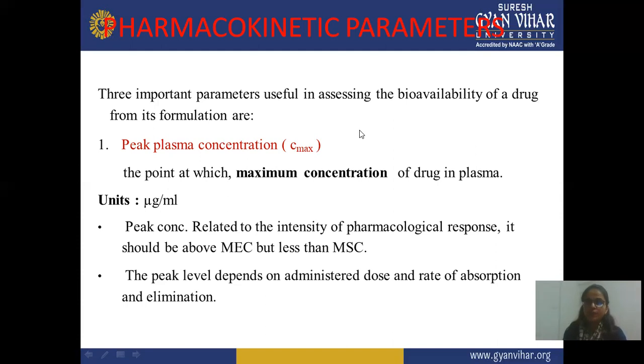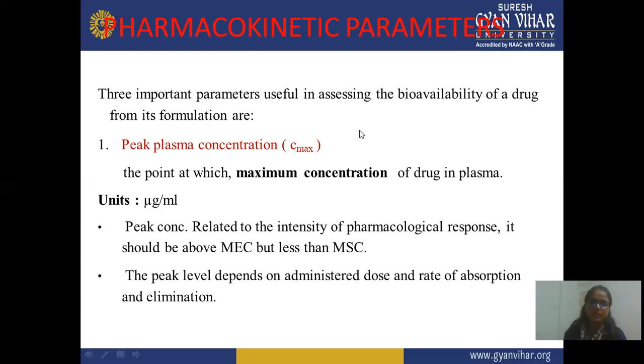The minimum effective concentration is the starting point where the pharmacological response shows, and the MSC is the maximum concentration at a safe range; above it there may be toxic or unwanted effects. So Cmax lies between the MEC and MSC.